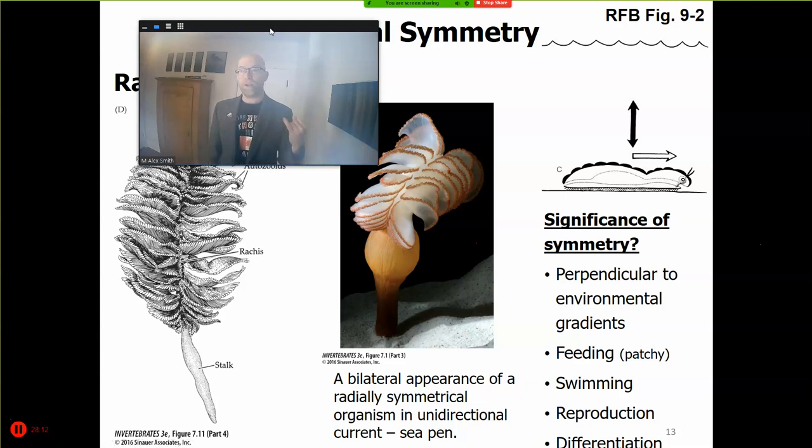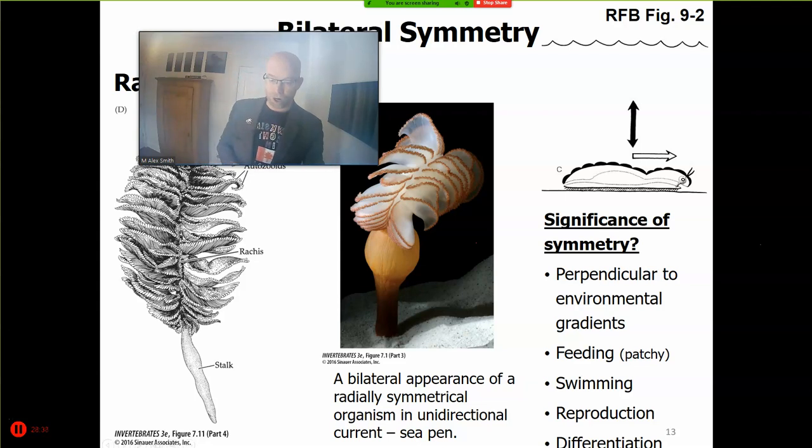So it has to do with feeding environments, and the significance of being bilaterally symmetrical has to do in the long term with being able to move through patchy environments. Not everything is just diffuse food floating around you as needed by a radially symmetrical organism. You can swim or move and reproduce and differentiate, both associated with reproduction, but also associated with particular tasks and jobs.